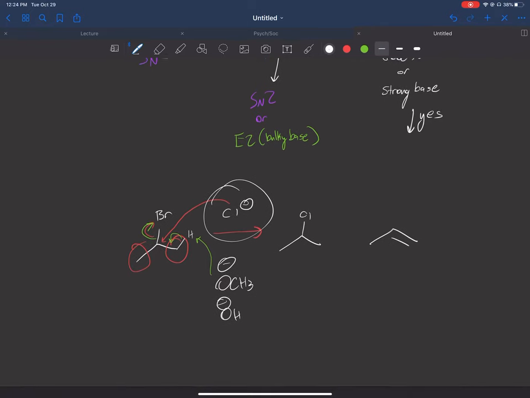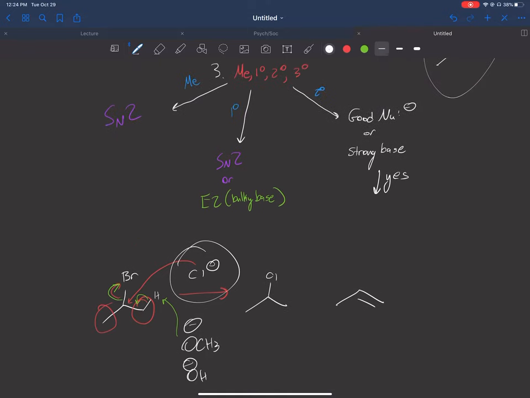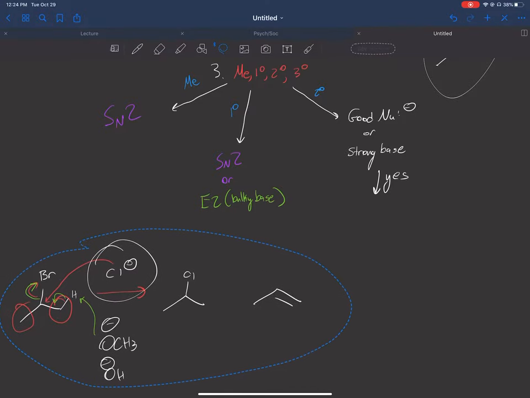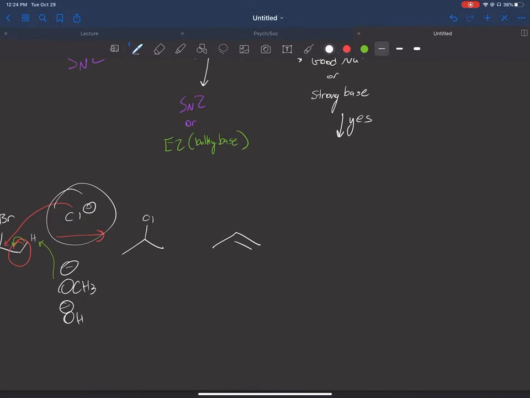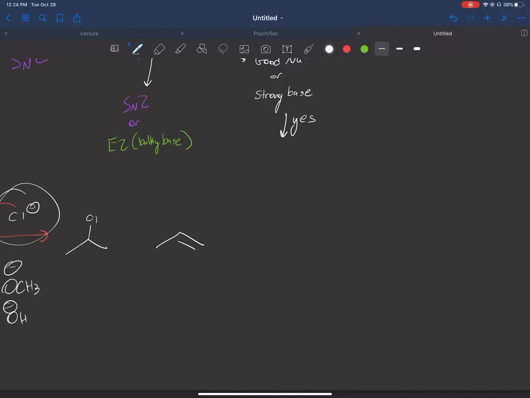So we've established that if we say yes to this condition here, the next question we should ask ourselves is: is the nucleophile basic? When I say basic, it means a strong base.